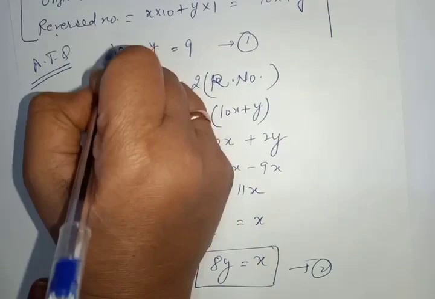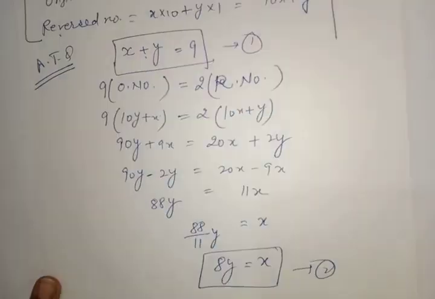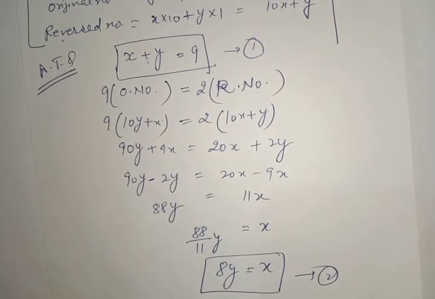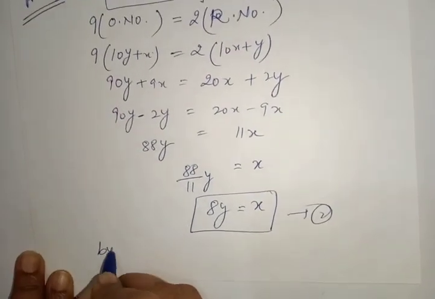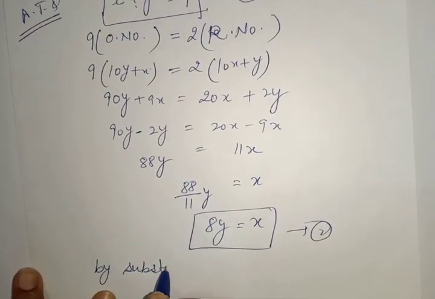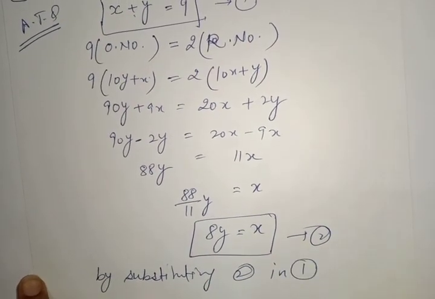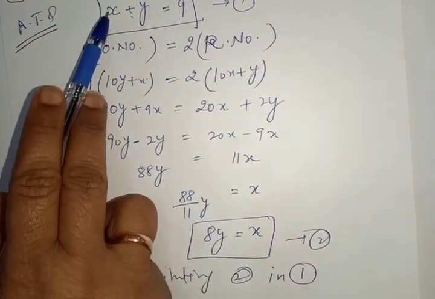Now if you see it carefully, which method will be the easiest one for this? You can use elimination, you can use substitution. So I am using substitution. By substituting 2 in 1, the value of x I am going to substitute in 1.